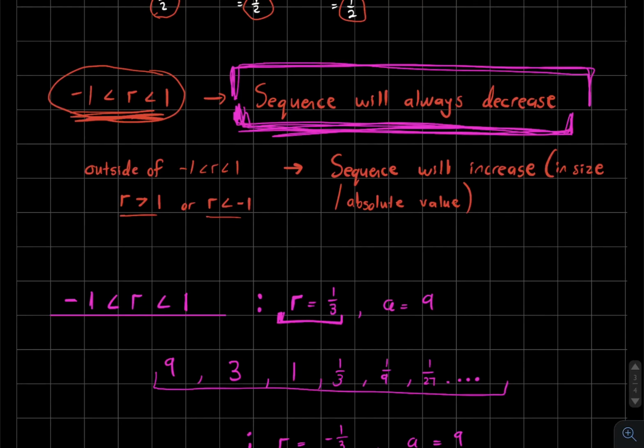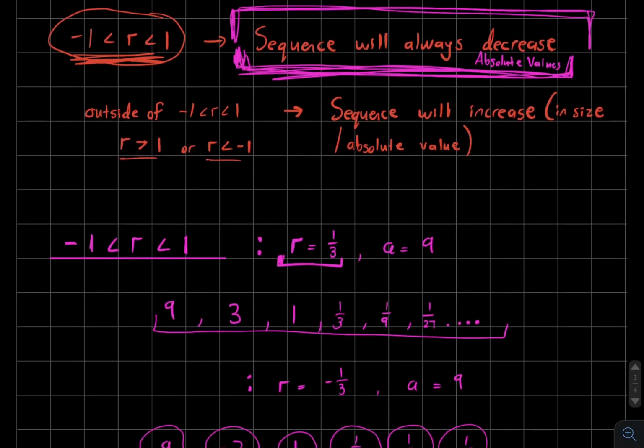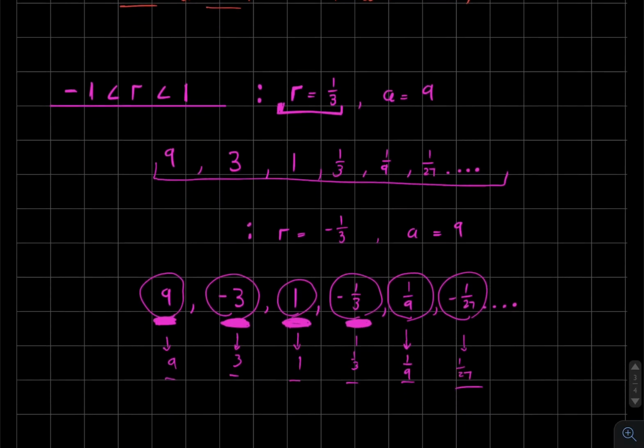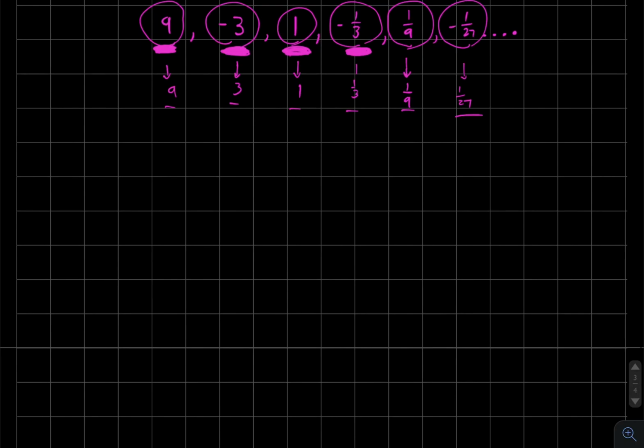So we can say that it's decreasing in absolute value. Absolute value means that we're ignoring the negative signs. Okay? So those are our two examples when r is between -1 and 1. So we can now look for examples where r is outside of this interval here. So that means that r is greater than 1 or r is less than -1.